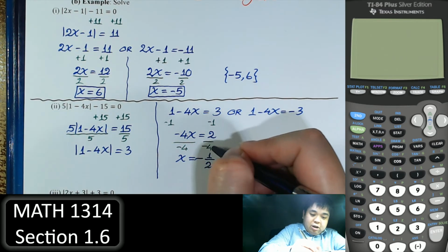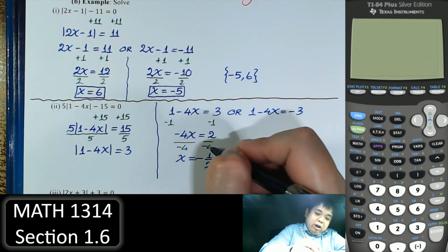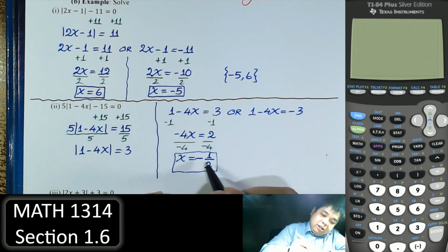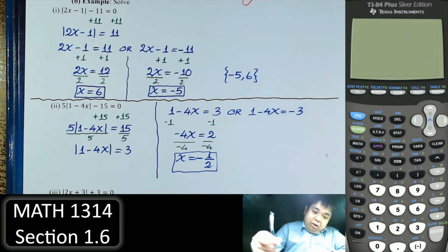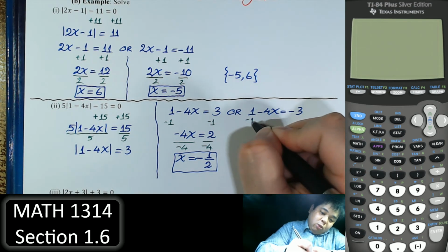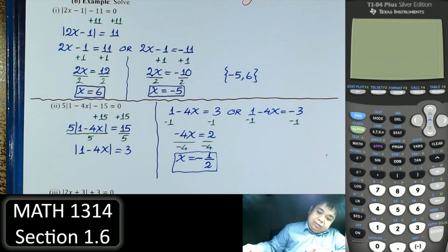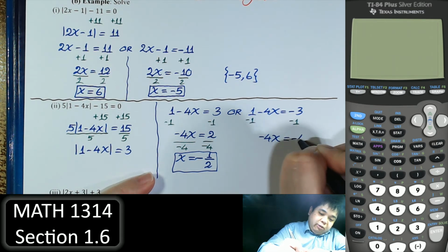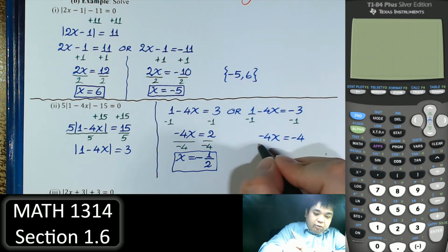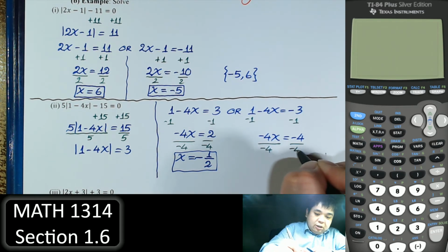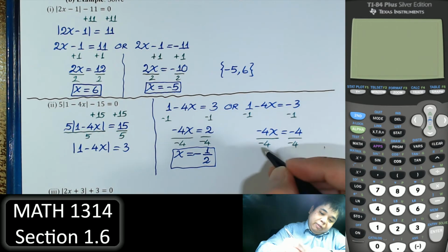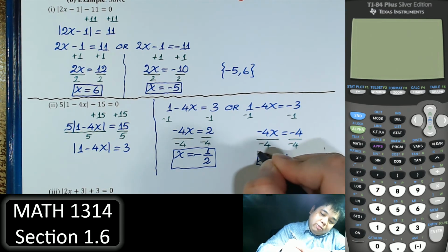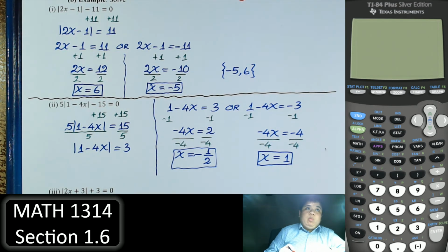Here we subtract 1 on both sides, and we have negative 4x equal to negative 4. And divide by negative 4 on both sides. And we have x equal to 1. So we have two solutions, 1 and negative 1/2.